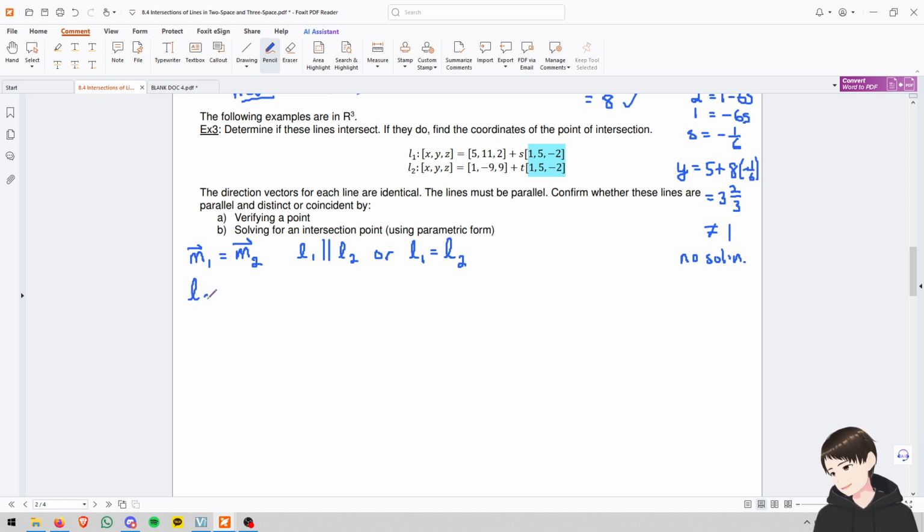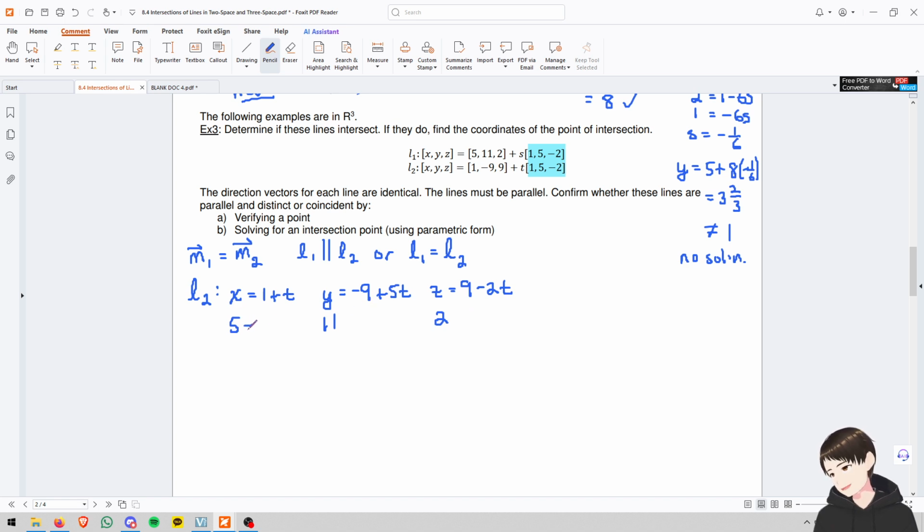So how about this? I'm going to take line 2. In line 2, my x must be 1 plus t. My y must be negative 9 plus 5t. And in z, it must be 9 minus 2t. So if they are the same as line 1, I should be able to find 5 as x, 11 as y, and 2 as z.